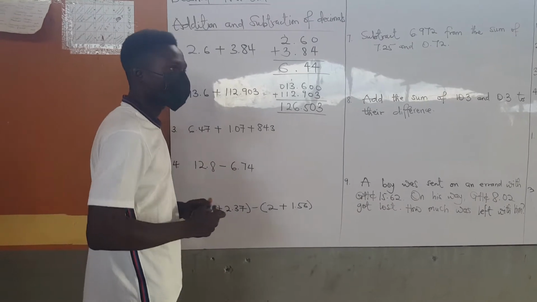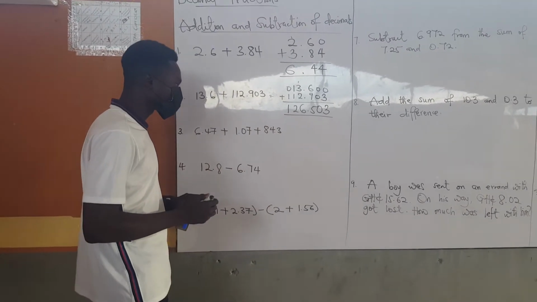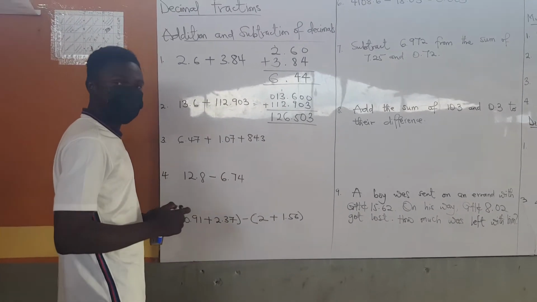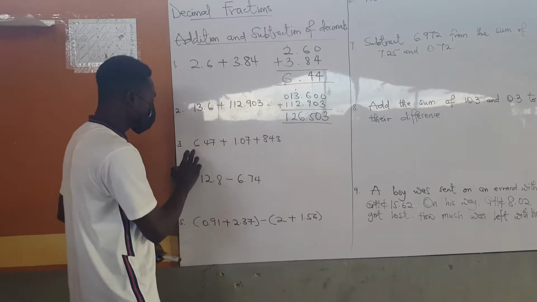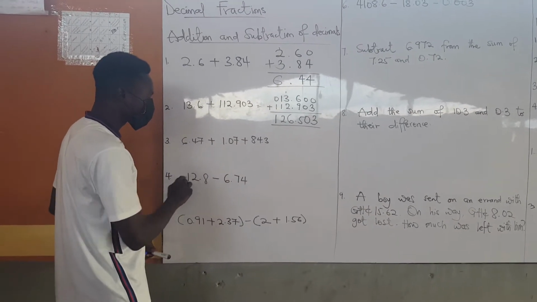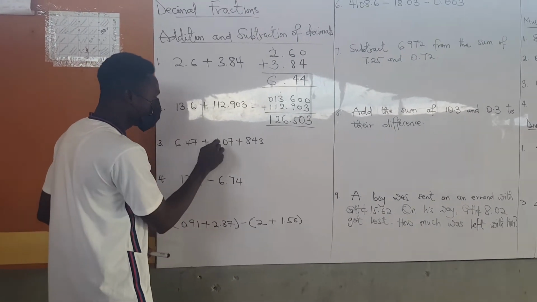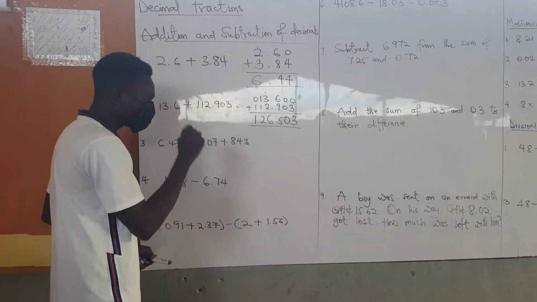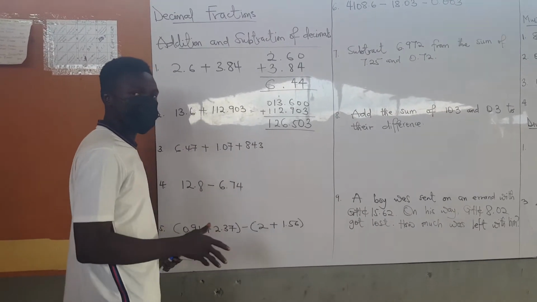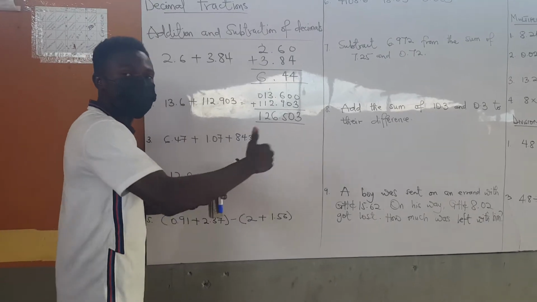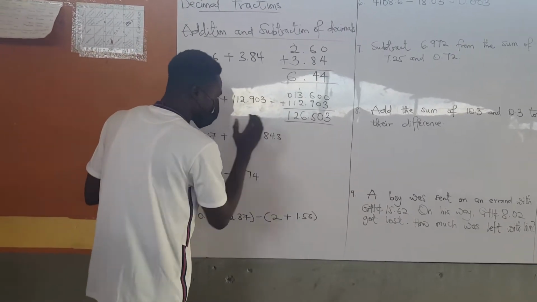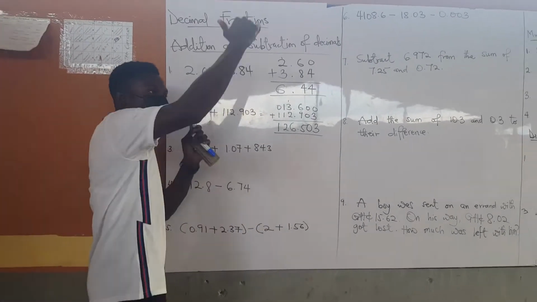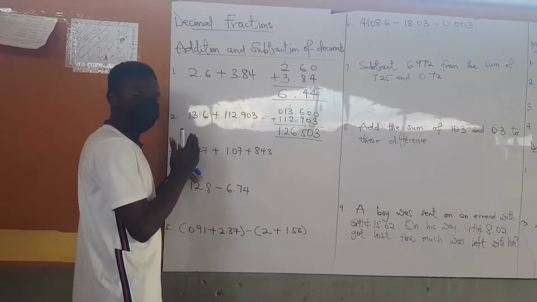So with the subtraction and the addition of decimals, you just group them according to their place values. Then you perform the operation. When you come to this side too, we have 6.47 plus 1.07 plus 84.3. So here we have 3 terms, term 1, term 2, term 3. You can choose to add all the 3 or you group them.